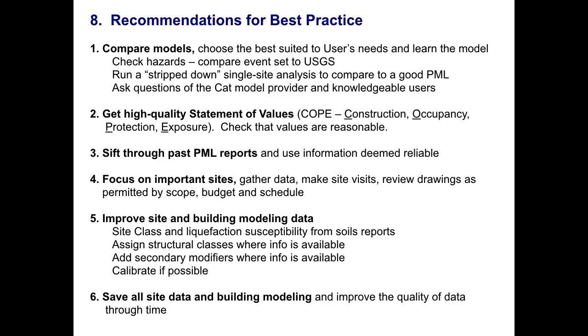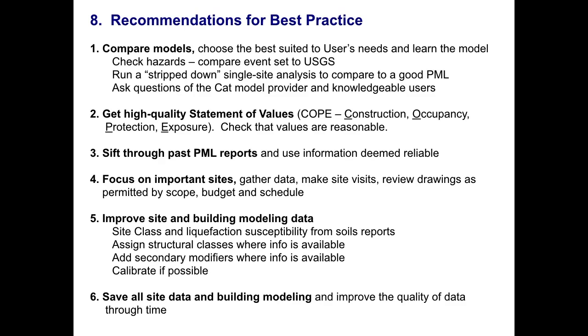Then the next thing is to get a high quality statement of values. That's the values for each of the different properties. It's sometimes called COPE information for construction, occupancy, protection, and exposure. And then check that these values are reasonable, that the replacement costs for different forms of construction make sense.